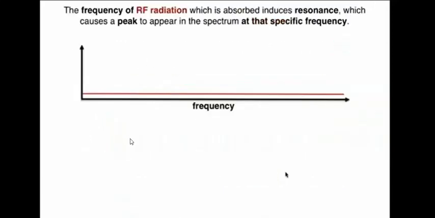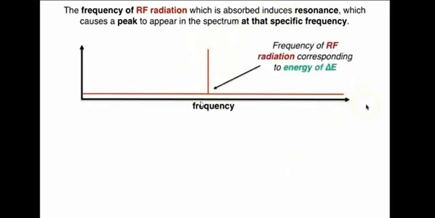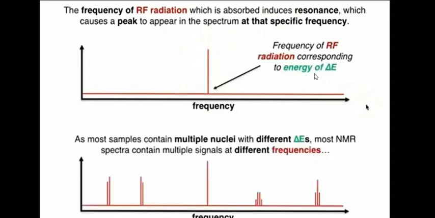The frequency of RF radiation induces resonance, which causes a peak to appear in the spectrum at a specific frequency. This is the particular frequency of RF radiation corresponding to the energy delta E.